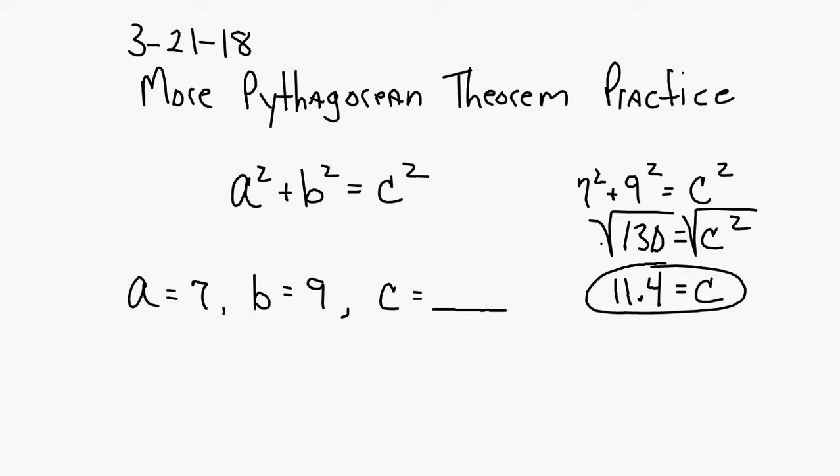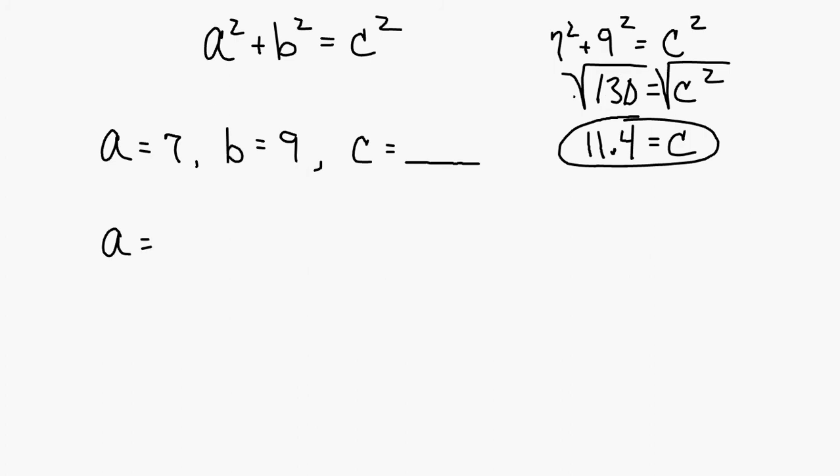You'll have some problems where they tell you that, let's say, A is equal to 12 and C is equal to 16, and B is what you're trying to find now.